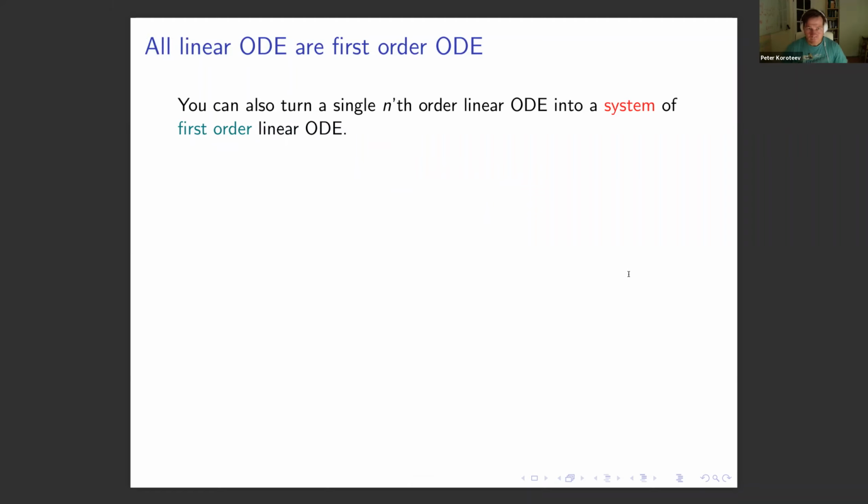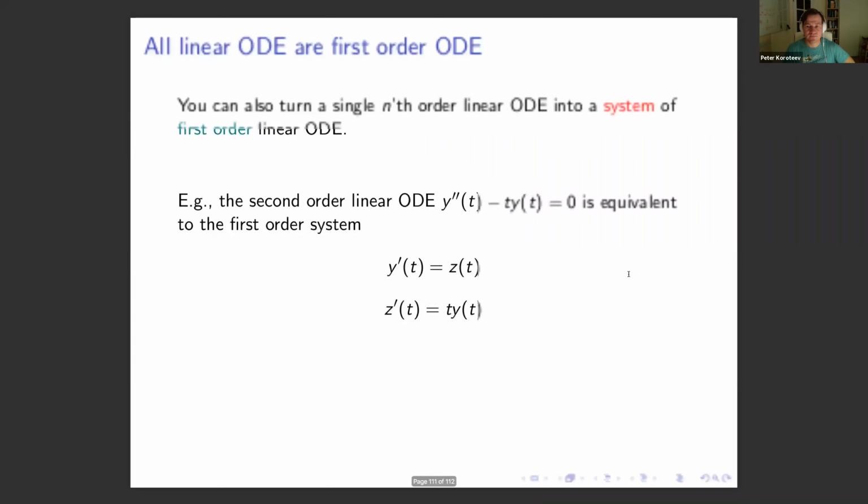So we can turn a single nth order linear ODE into a system of first order linear ODEs. Take as an example the second order ODE, y prime prime minus ty equals 0.